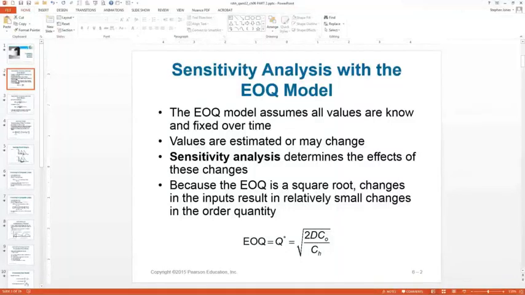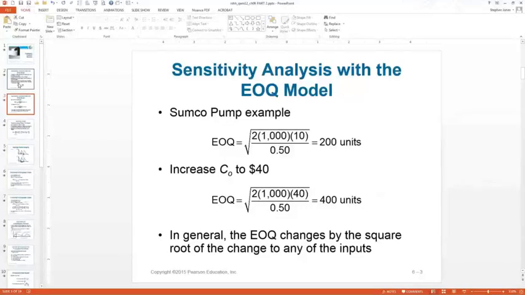Major changes in your assumptions are not necessarily going to have a major change in the result of this process. You might have the same conclusions come out, even though there are vastly different numbers being put into the system. Take the Sumco pump example we just did, and increase the ordering costs.